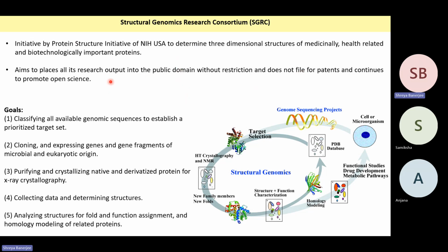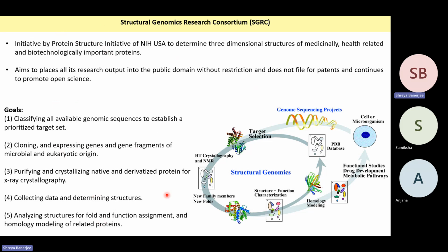So in the first class, I discussed the Protein Data Bank. In the Protein Data Bank, these protein structures are deposited so that any researchers from all over the world can access these structures and study the different interactions in order to design drugs and so on.